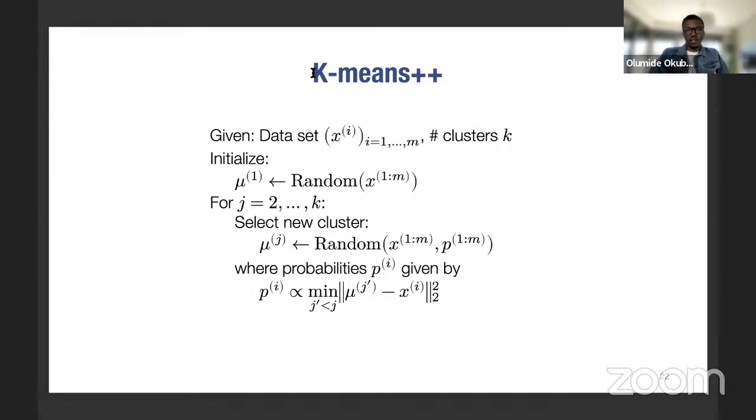Now, one of the reasons why people pick a data point as the first center is that the point you chose as your first point has a probability of 0 of being chosen, because the distance from itself is going to be 0.